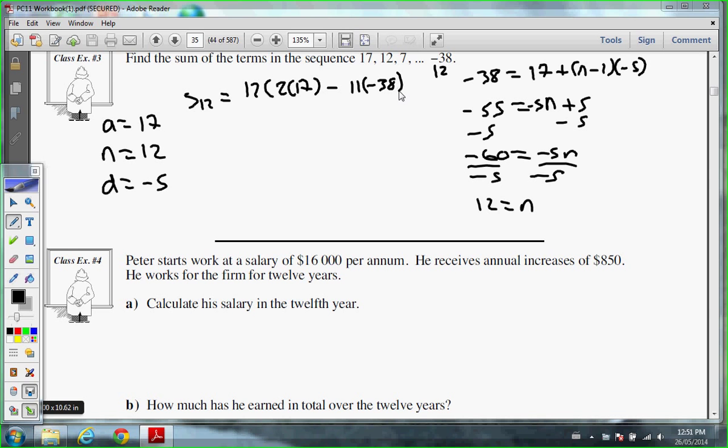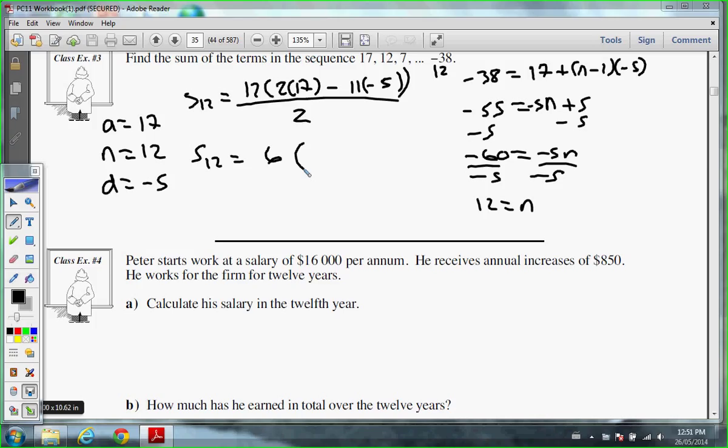Oh, no, not negative 38, excuse me, negative 5, all over 2. Again, 12 over 2 is 6. So S12 gives me 6 times 34 minus, minus negative 55.